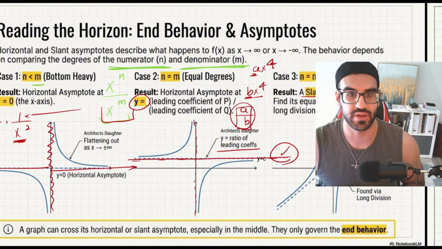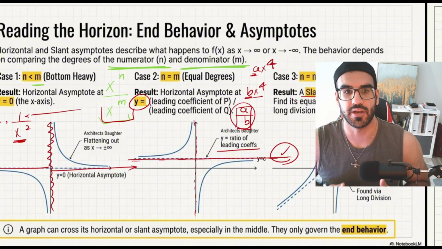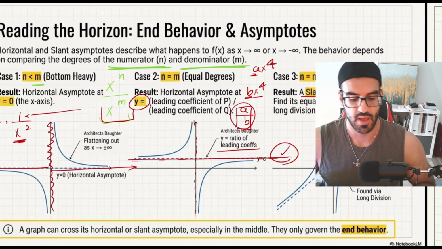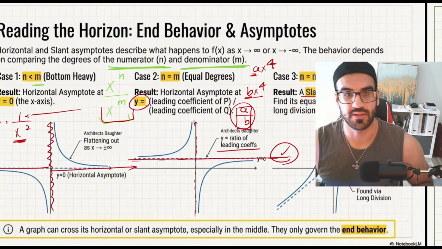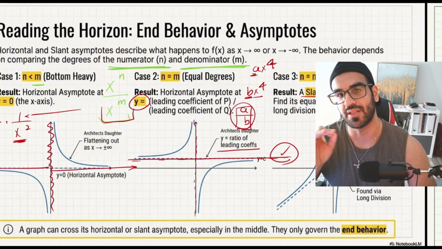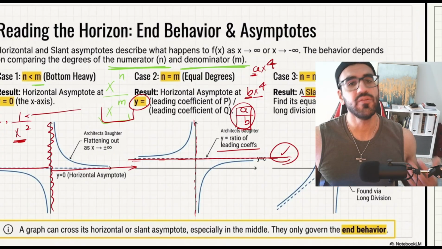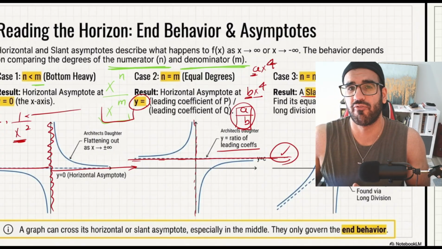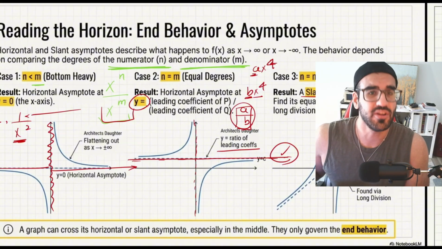So far we had 3 conditions: one where my denominator or bottom is a little bit heavier, one where both of them have the same degrees, and one where my numerator is a little bit bigger by only 1 degree. Maybe some of you would ask, all of those questions are x to the power 4 divided by x to the power something, for instance. So what would happen if I have other kinds of terms?